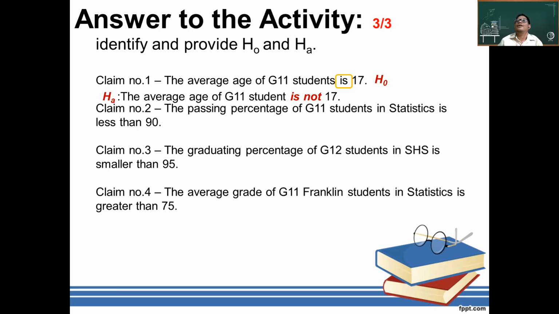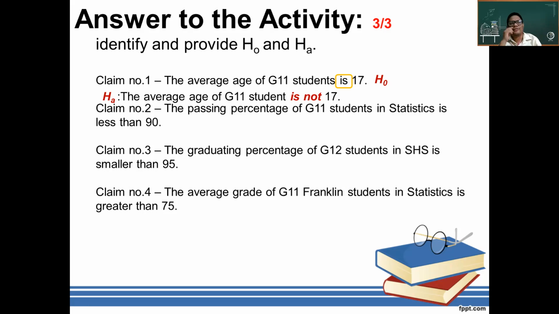Then you will have the result, whether you will accept your initial claim that the average is 17, or accept the other one that it is not 17. So this is the process of testing a hypothesis. Easy? Yes, it's very easy.